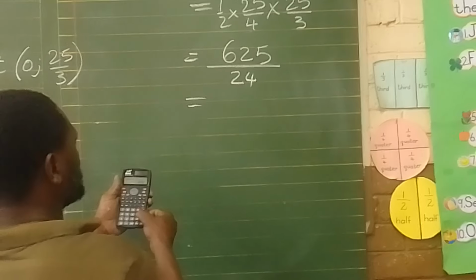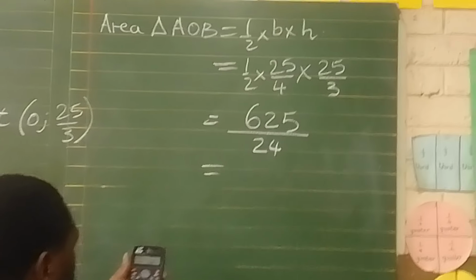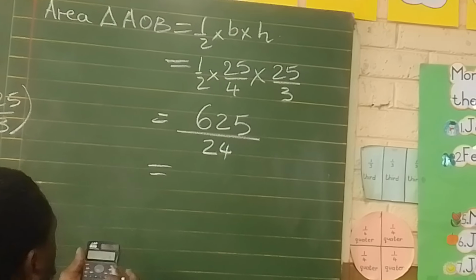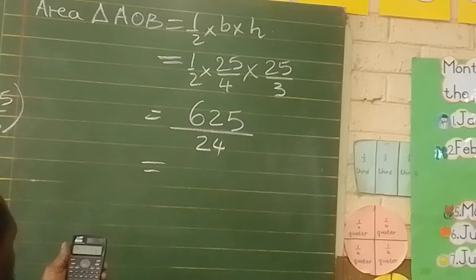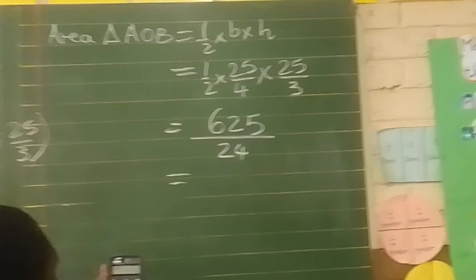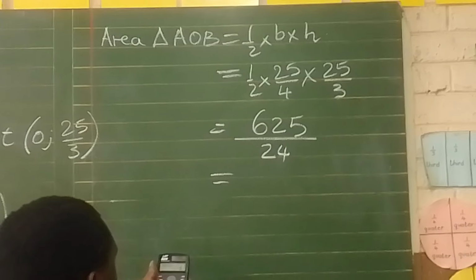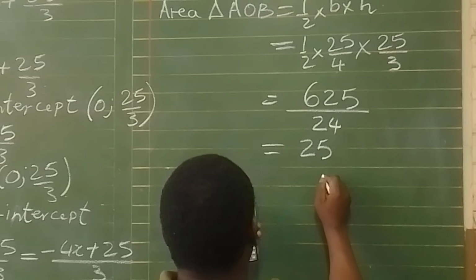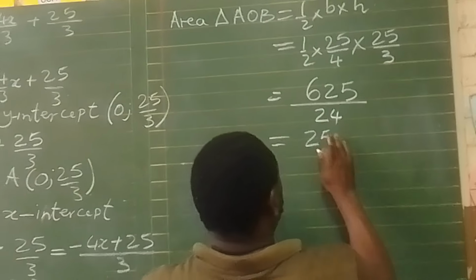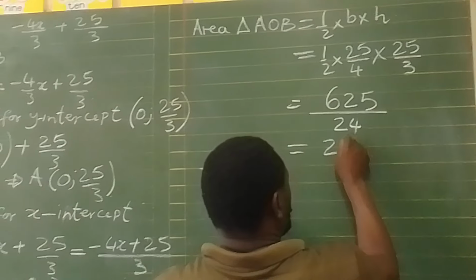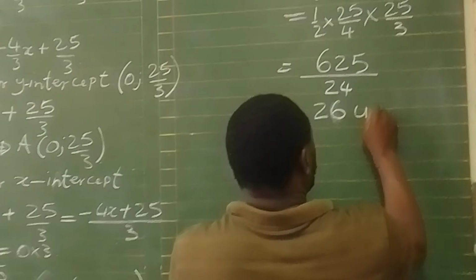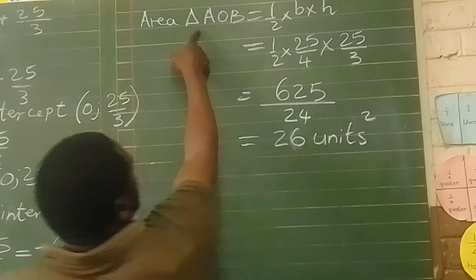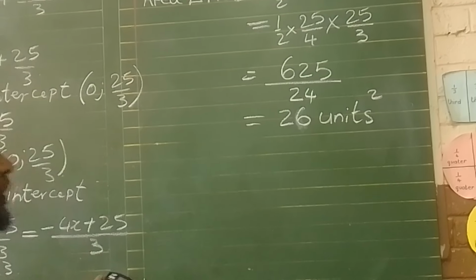Then I divide 625 by 24. I get 26 units squared, since it is an area.